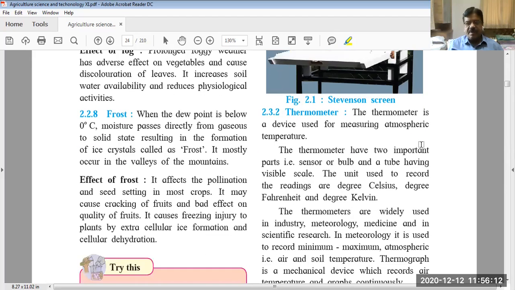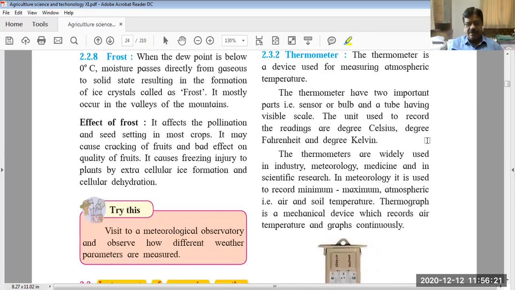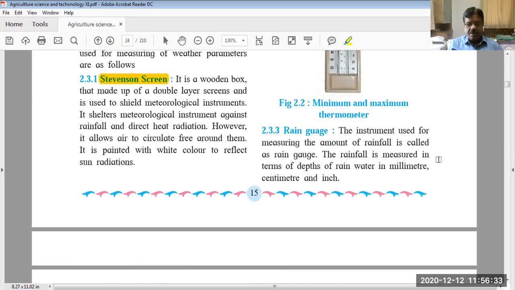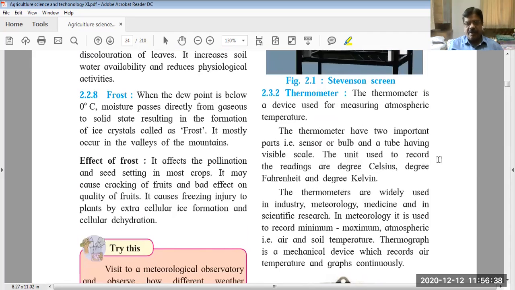These thermometers are used for calculation of humidity. A thermometer is used for reading temperature, but when these two kinds of thermometers are used together, humidity is calculated.